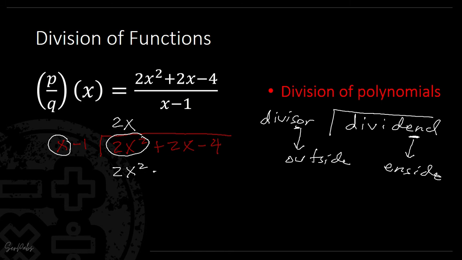Positive times negative, negative. 2 times 1, 2. Copy x. And then subtract. Pag nag-subtract, mapapalitan ng sign ng inverse. Kasi subtraction of signed numbers tayo eh. So, ito ay magiging minus, ito ay magiging plus.